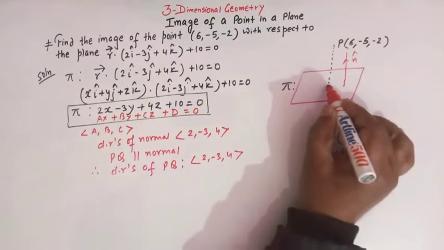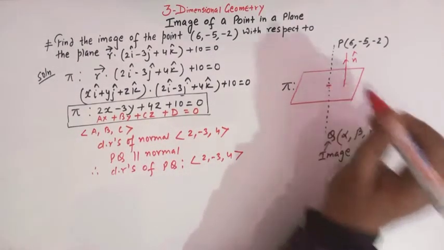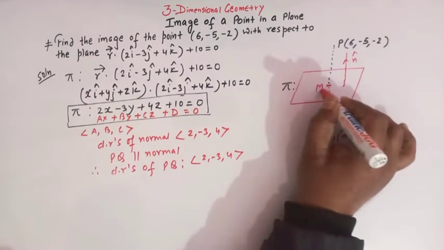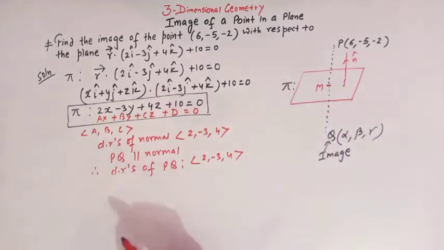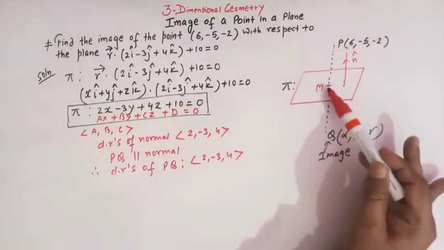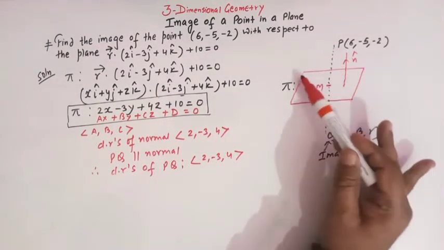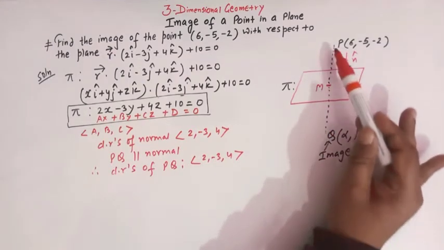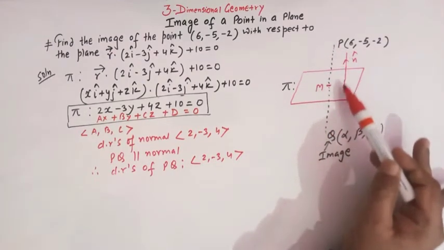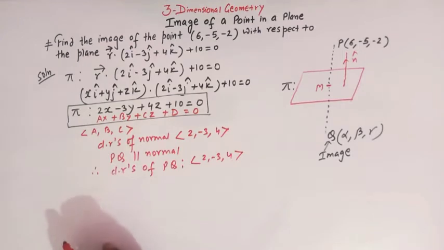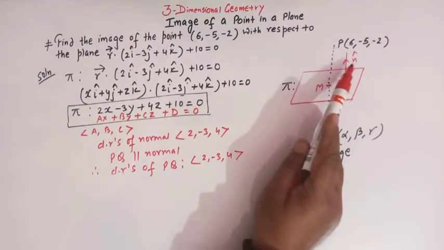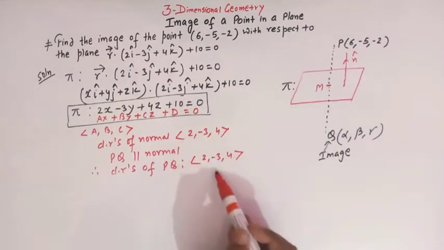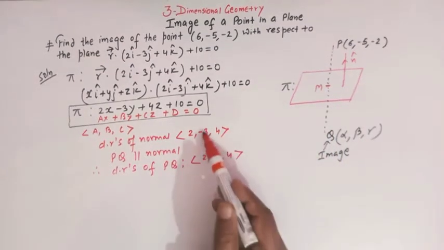Now let us take a point M, and M lies on this plane pi. PM is perpendicular to the plane, that is, PM is also parallel to this normal vector, and since PM and the normal vector are parallel, the DRs may be taken as the same.